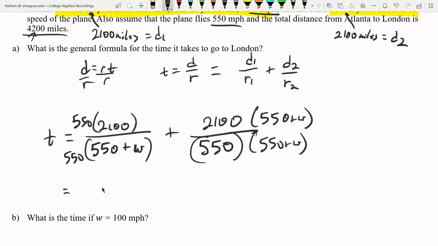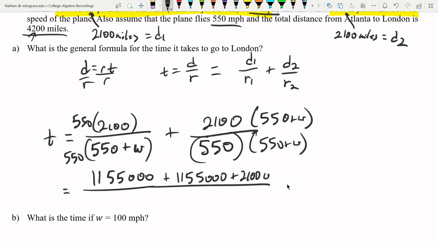Simplifying this down. We get this expression here, and I can combine these two like terms. Let's see, it's 1,155,000. I combine both of those, and I can actually factor out 2,100. That's going to make it a little bit easier to look at.